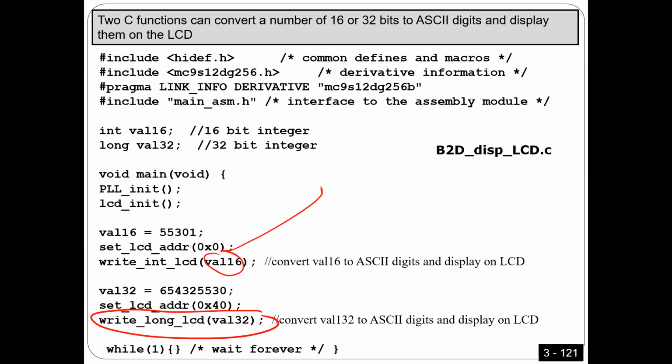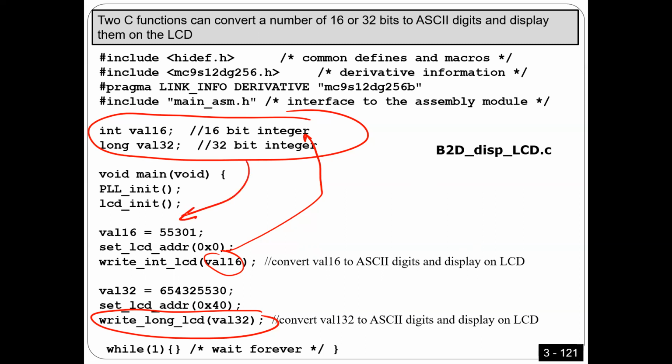I define this variable here. It does not need to be global. I don't know why I made it global. I think it doesn't need to be global. I think if you put it here, it should work normally.